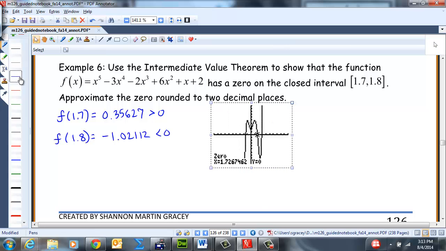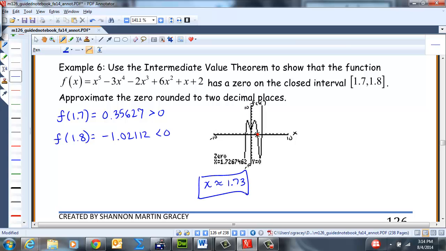So what we found is, this is 10, negative 10, and this is f at x and x. So we found right here, there's a real 0. So at x approximately 1.73, there's a real 0. And that 1.73 is in between 1.7 and 1.8. And we're done.